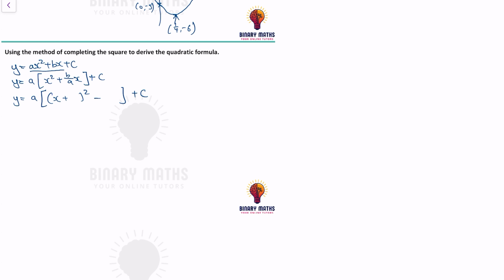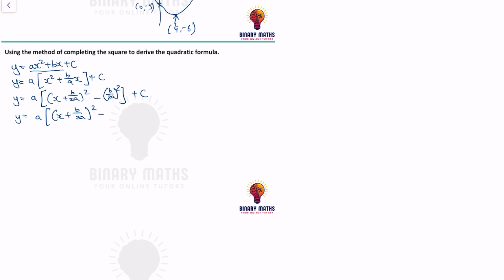Half of b over a is b over 2a. And I need to take off the square of that, so b over 2a squared, so that I have completed the square. Let's simplify what we can now. So y must be equal to a times x plus b over 2a squared, can stay as it is.